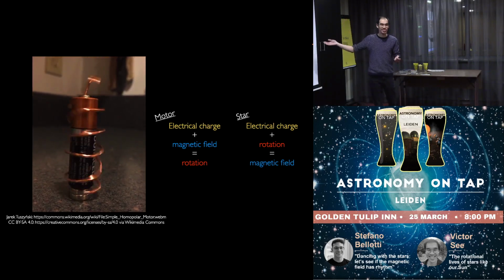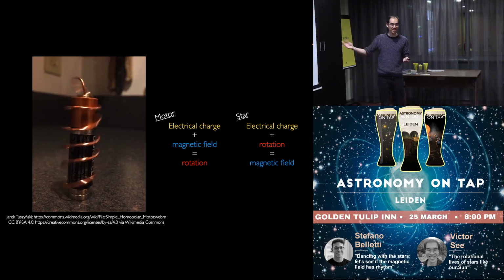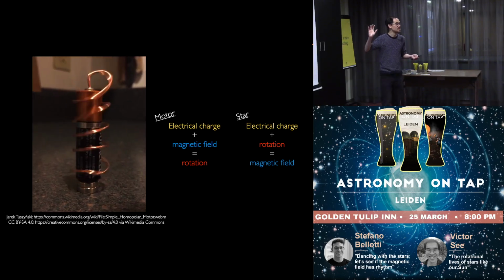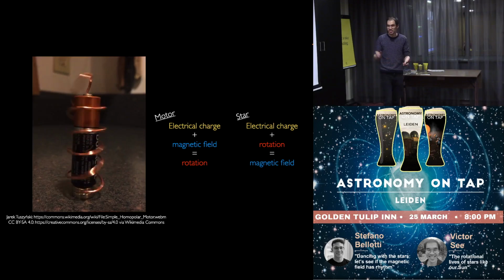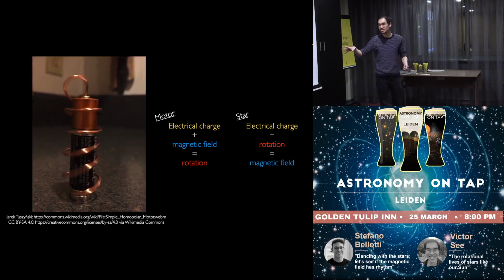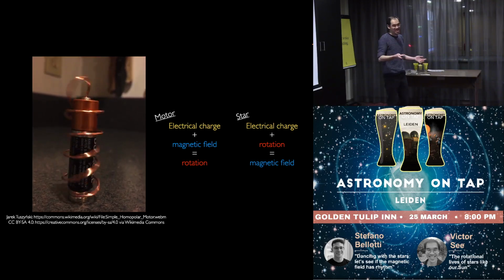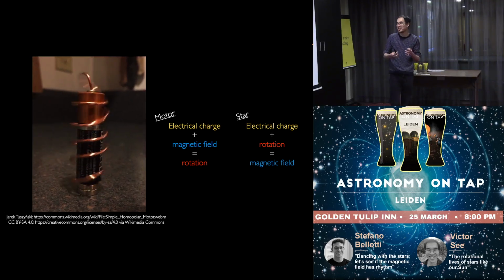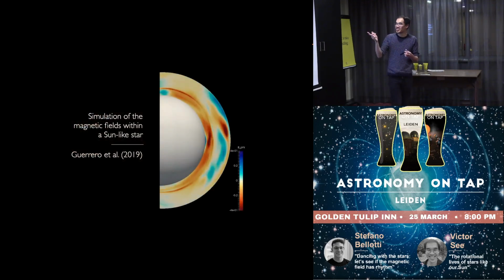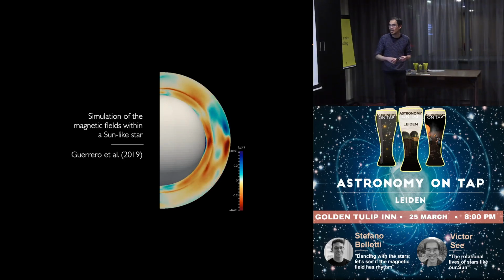Now, a star is much more complicated, at least when it comes to its magnetic fields, than a motor, but it's ultimately the same set of physics that's describing both of these systems, at least when it comes to their magnetic fields, right? But just to give you an idea of how much more complicated it is, this is a computer simulation of a star similar to our Sun, and the aim of this simulation was to attempt to explain how magnetic fields are generated inside of stars.